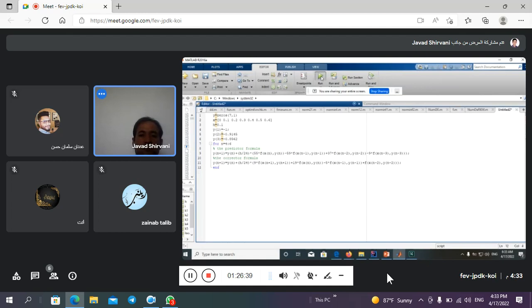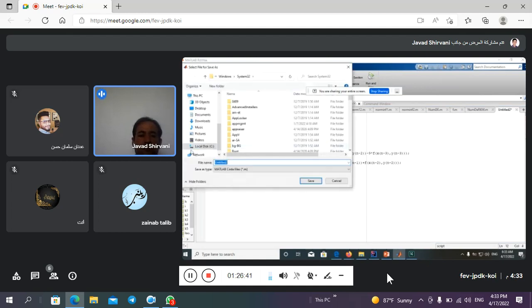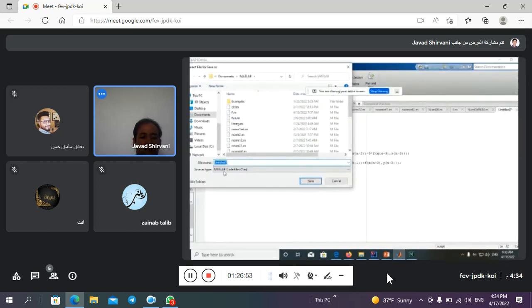Let me run this code. Before we run, we want to save this code in a document in MATLAB and patterns.